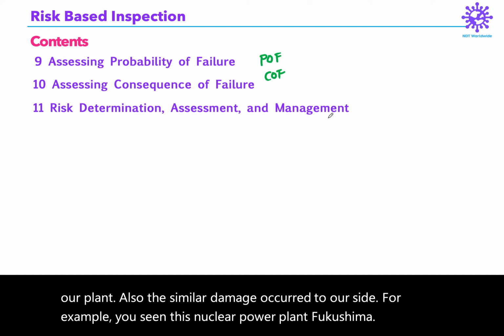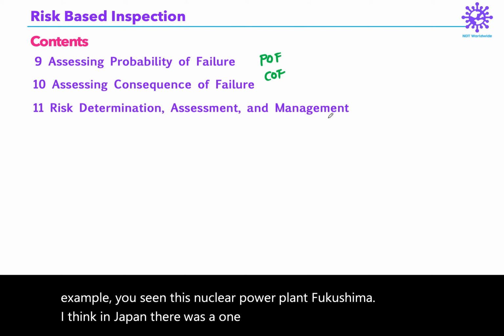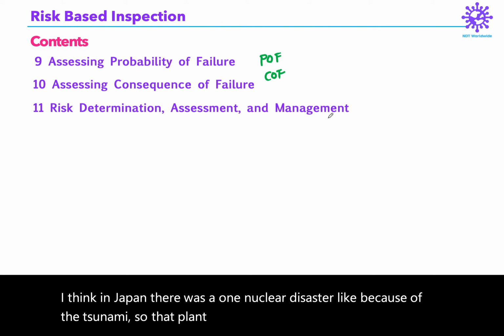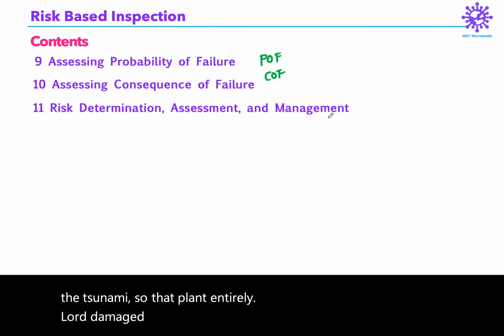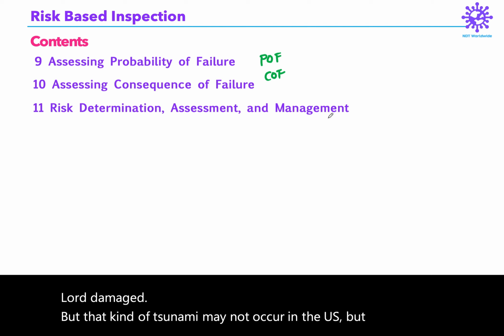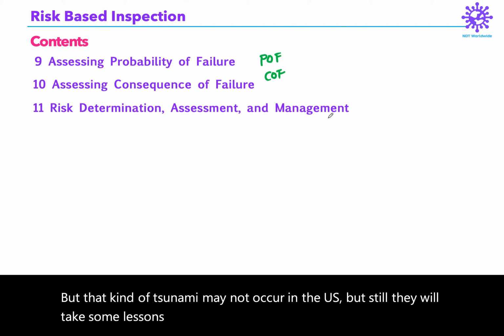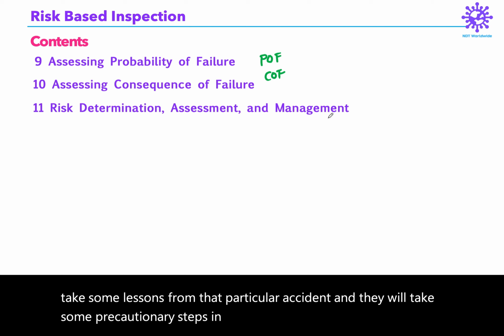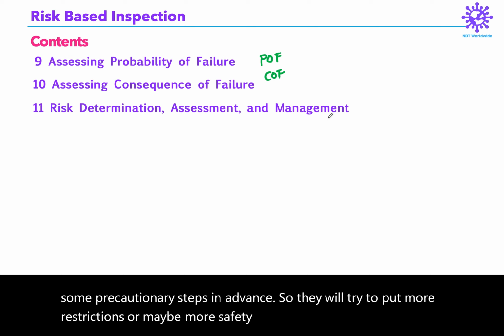I think in Japan there was a nuclear disaster because of the tsunami, and that plant was entirely damaged. That kind of tsunami may not occur in the US, but still they will take lessons from that particular accident and take precautionary steps in advance. They will try to put more restrictions, or maybe more safety oriented protocols.